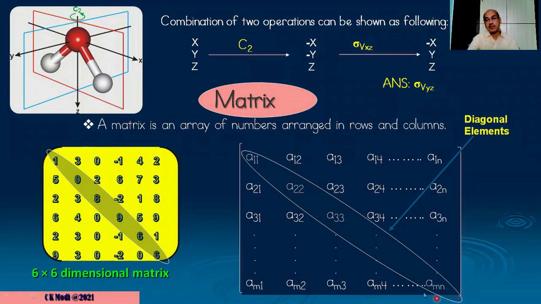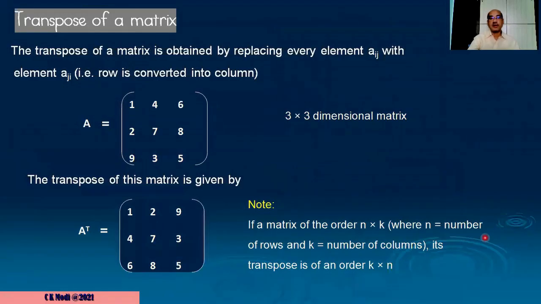In this large matrix, the line from the top left corner to the bottom right corner is called the diagonal line, and the elements along it are called diagonal elements. So here A11, A22, A33 up to AMN are the diagonal elements.